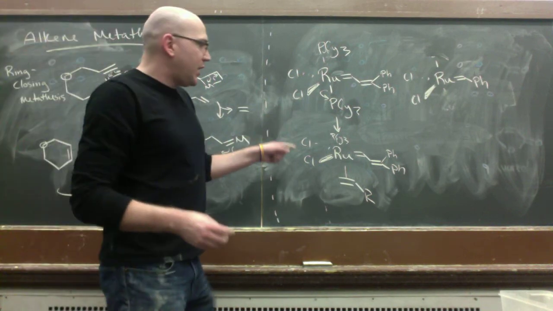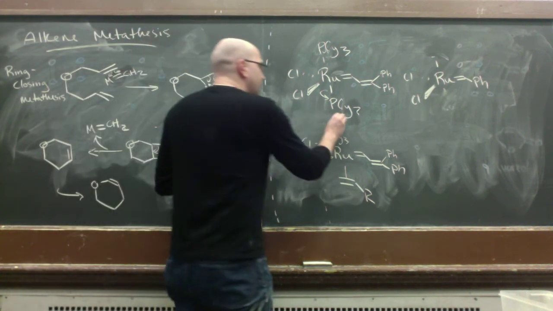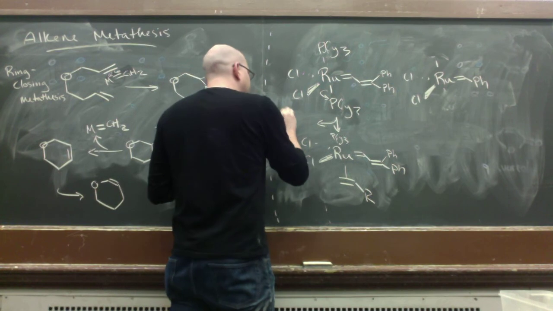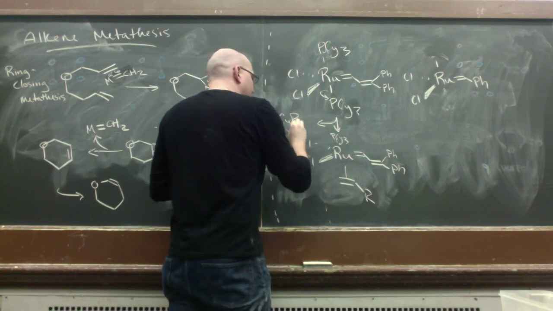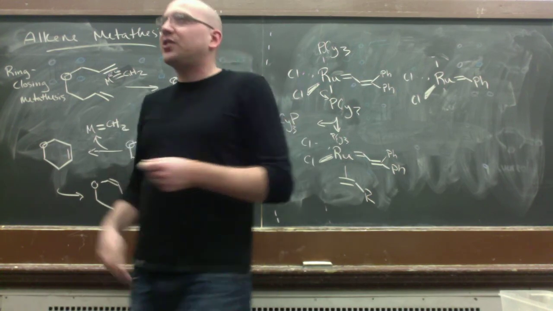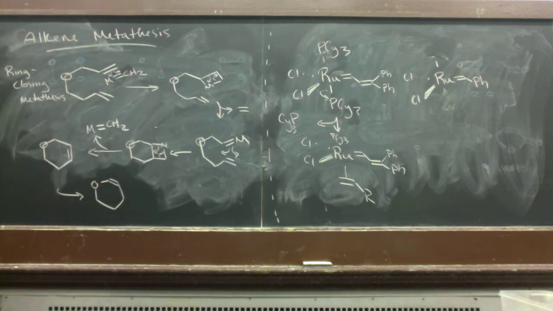The important point here, though, is that when that phosphine dissociates, what kind of molecule is a phosphine? You really haven't seen phosphines that much except in Wittig olefination, and the only time you've really seen phosphines was when? When we had to make the Wittig. And how did it serve? As a nucleophile.